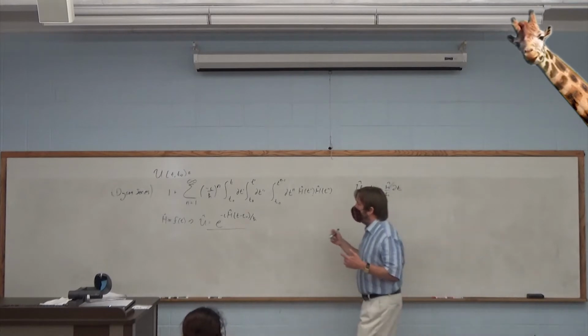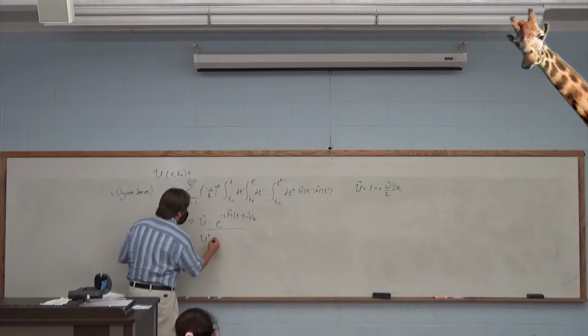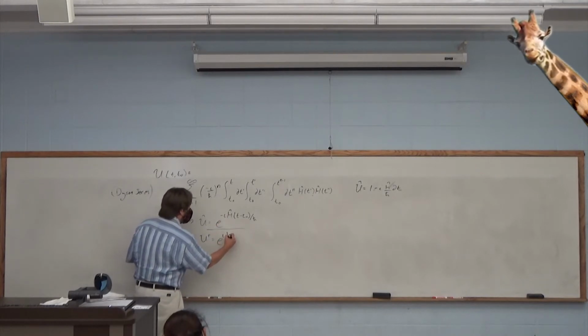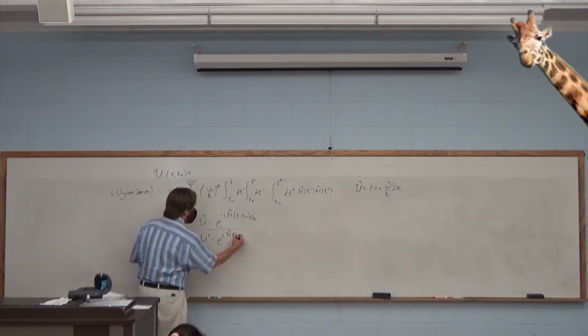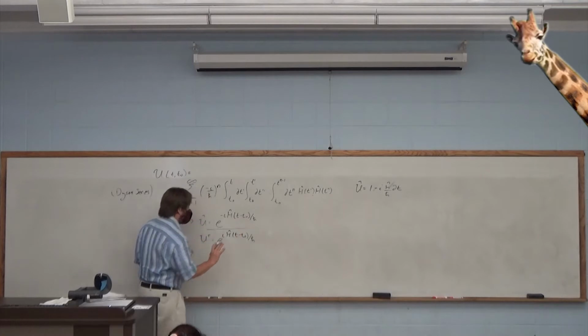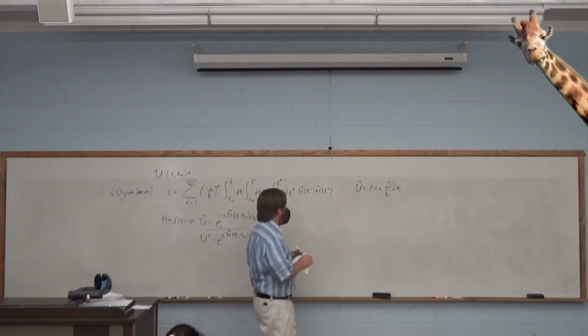Notice that because time evolution is unitary, the adjoint is defined by this times what equals 1, and so it ends up being a complex conjugate. I can't emphasize that that's just kind of dumb luck.